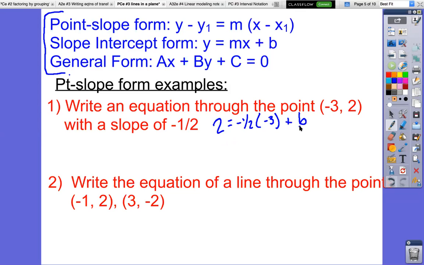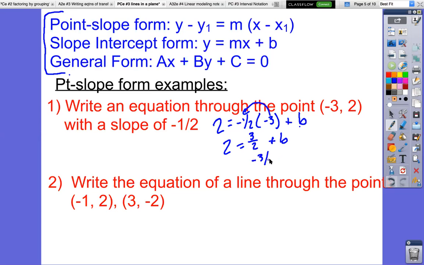plus b. Now, the reason I gave you guys this is because it's a fraction. I'm not going to shy away from fractions in here. If you ever have a fraction, you times the top, divide by the bottom. So -3 times -1 is +3 divided by 2 is just 3/2 plus b.